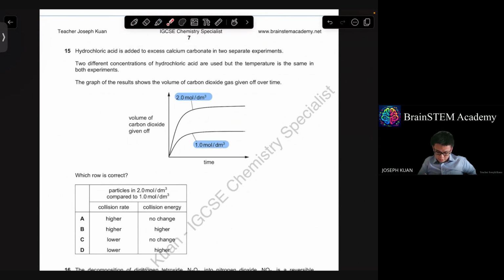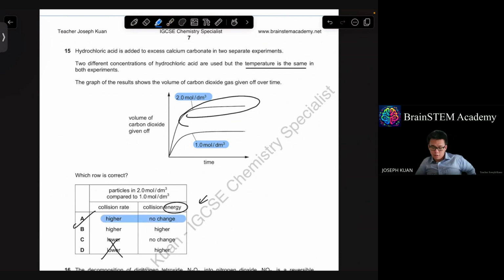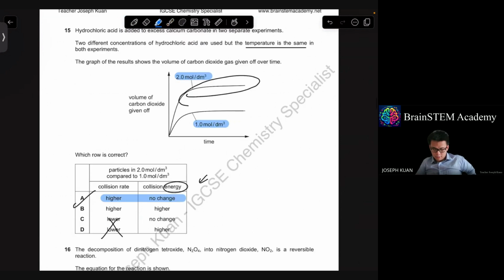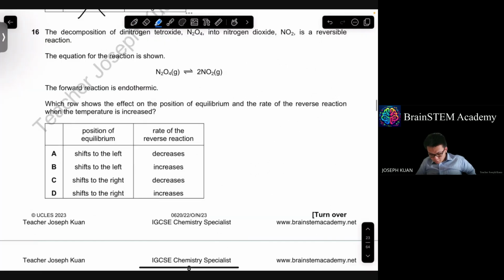It should have a greater collision rate. But in terms of collision energy, since they are carried out at the same temperature, they should have the same amount of energy in terms of collision. Because increasing concentration doesn't increase the energy of the particles.